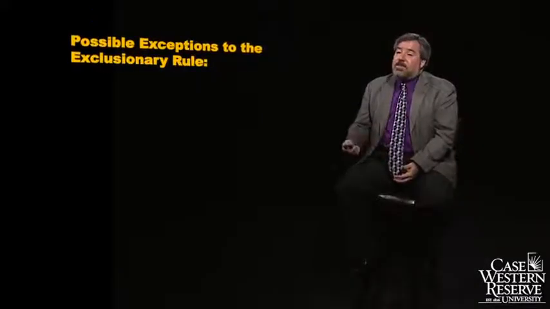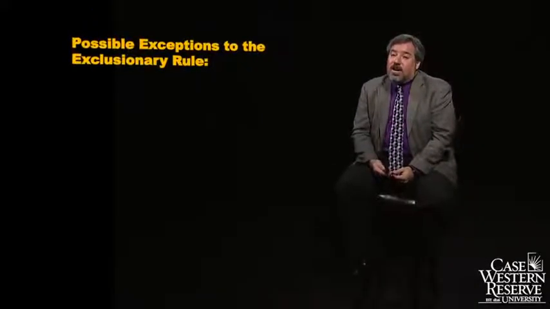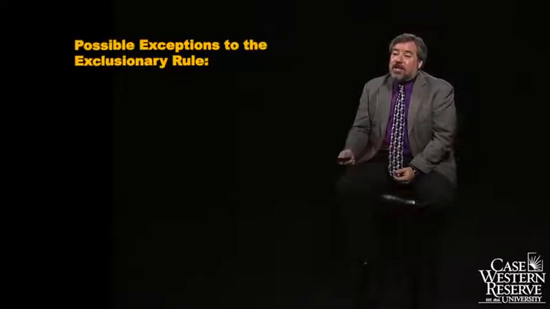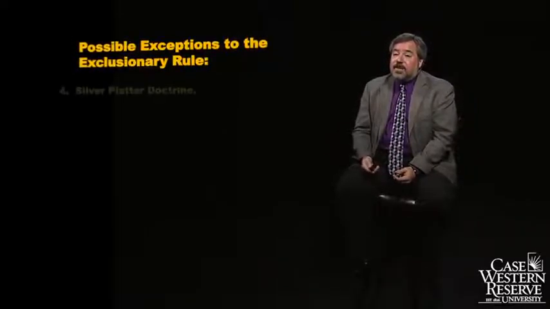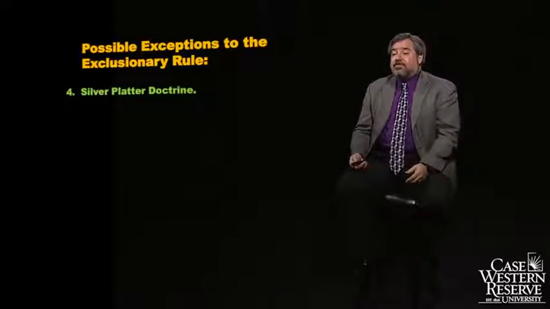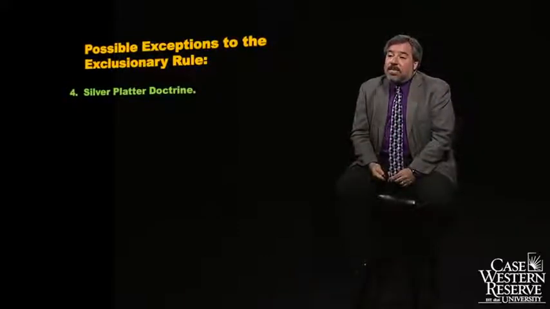So let's look at the possible exclusions or exceptions to the rule as applied to this hypothetical. First, the silver platter doctrine. Okay, so the evidence came in because the Khmer Rouge themselves did the interrogation. But now it would be used by the Cambodia Tribunal, which is an international tribunal made up of international civil servants.